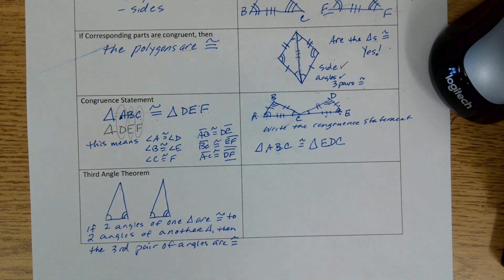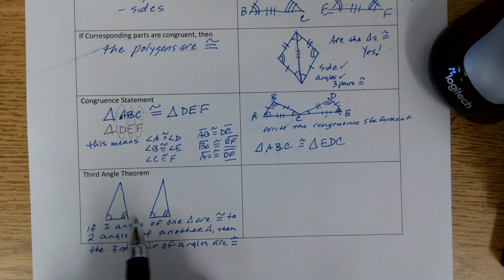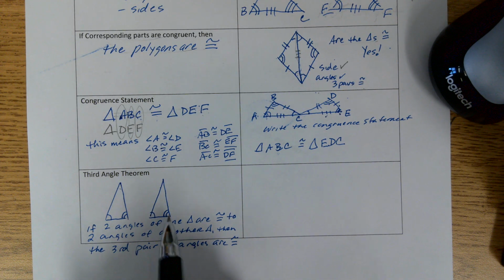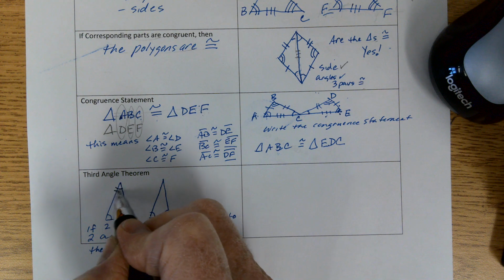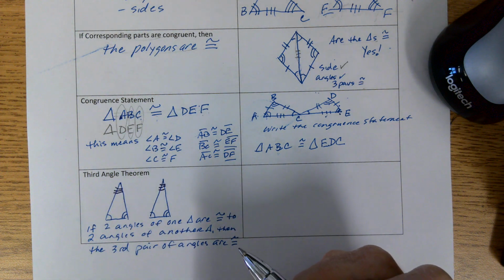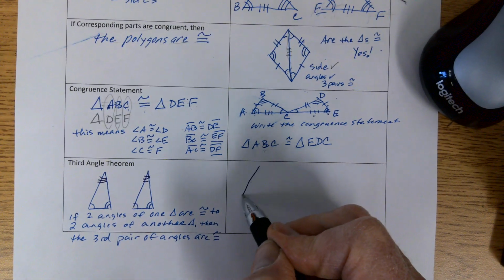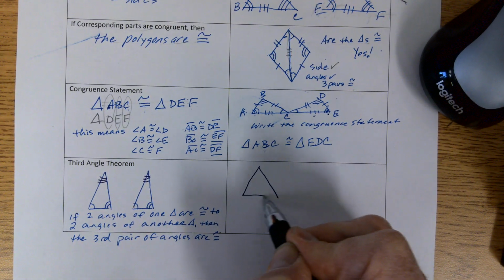I don't know if the purple will show. So if one pair of angles are congruent and two pair of angles are congruent, that means that these up here are also going to be congruent. Let's do this again.